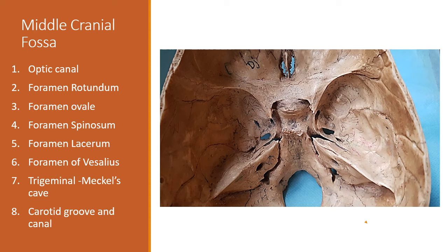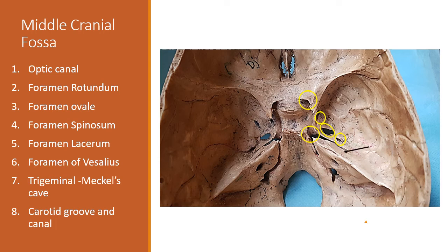So in the middle cranial fossa, from before backwards, there is the optic canal, then a circular foramen rotundum, foramen ovale, and this is the foramen spinosum. At the apex of the petrous temporal bone, there is the foramen lacerum.